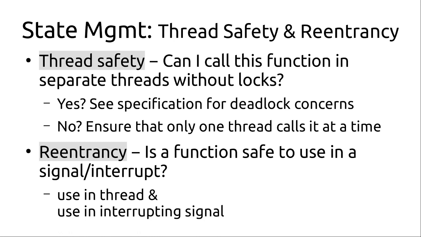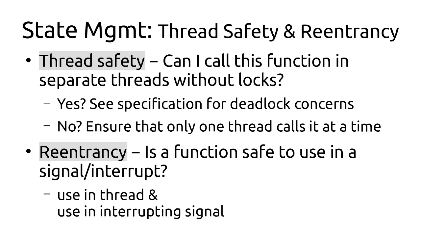If you can, then you know that there are probably locks inside of the implementation, but you as a client don't need to worry about that. You might need to read the specification for deadlock concerns, as we saw with the transfer function, right? So that might need to be encoded in documentation somewhere. However, if you do not have a thread-safe API, that's a big bummer.